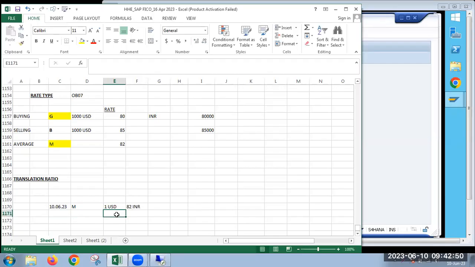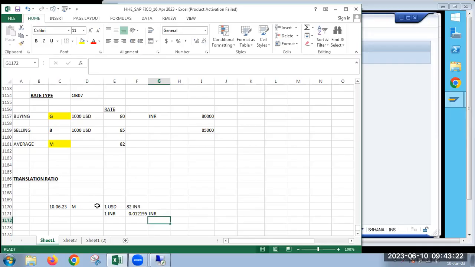Then what can be the value of 1 INR? 0.082 USD. How do we get the value 0.082? 1 divided by 82. 1 divided by 82 is not 0.82, it will be 0.012. No worries, this will be the rate.